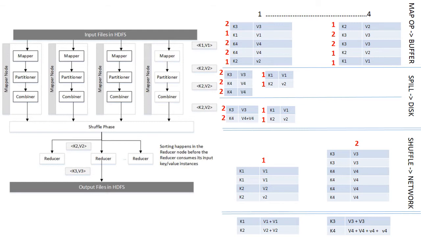So on the left, you see a schematic that shows the input files in HDFS, and you see a lot of mapper nodes. These could be data nodes, or there could be more than one mapper node on a data node. Okay, it doesn't matter.